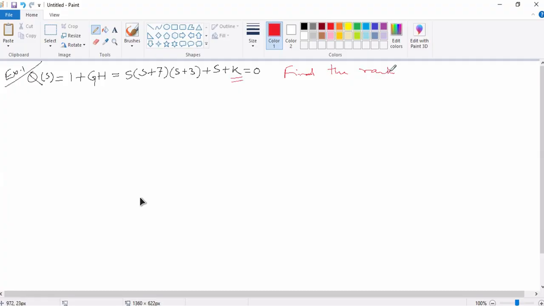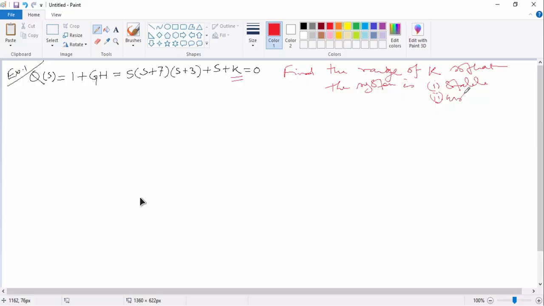Can you see? Again, people are sleeping. Yes, sir, we can see. Find the range of K so that the system is number 1 stable, number 2 unstable, and number 3 marginally unstable or critically stable.